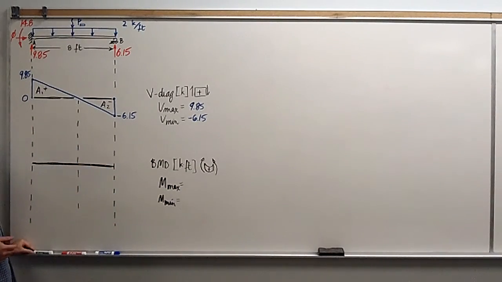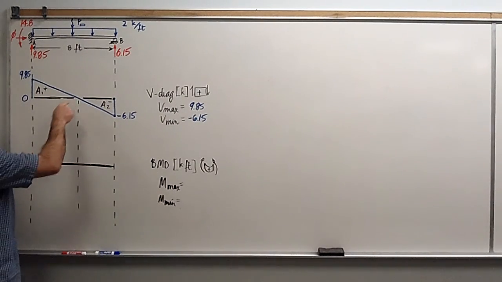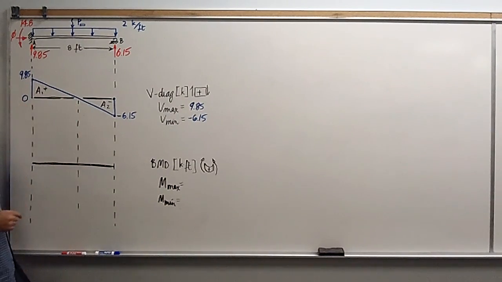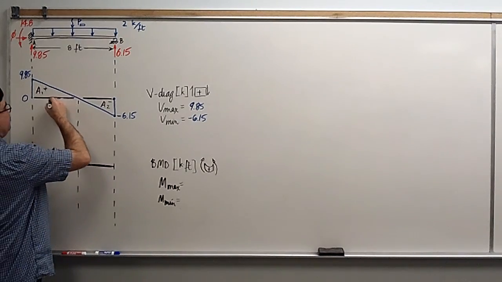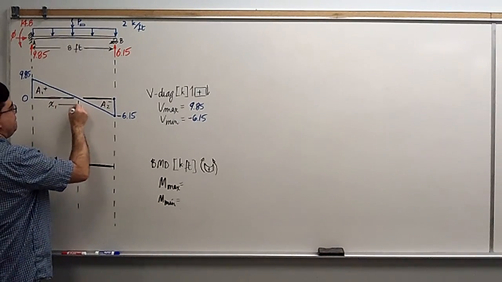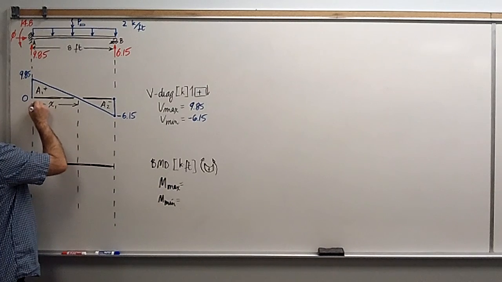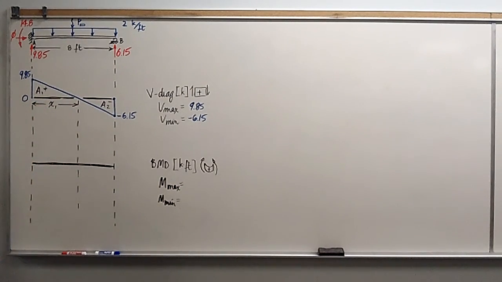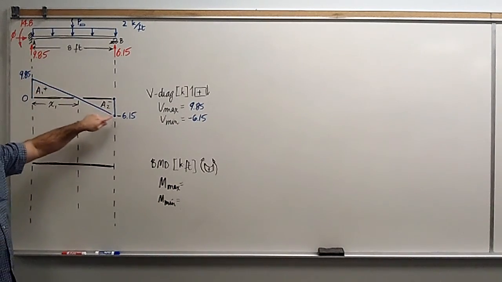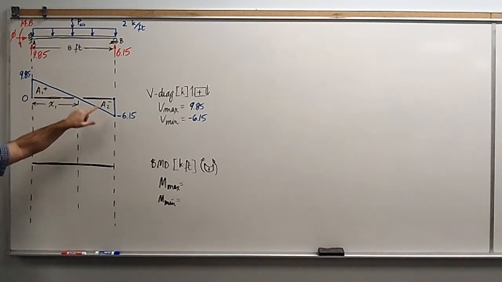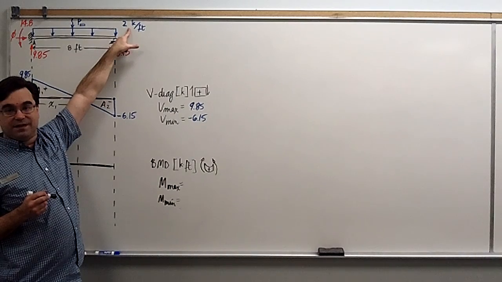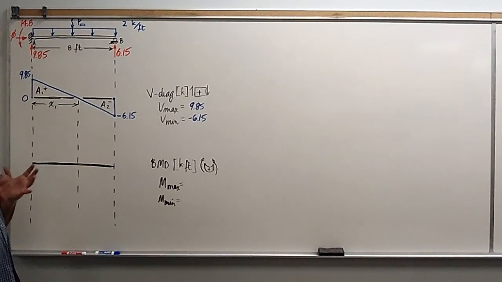Okay? So, in order to define this area, it's a triangle. So we need this dimension and that dimension. This dimension here, we can call it x1. And if we remember that this line is represented by this slope, and we know that this number, the rise, is that value there.